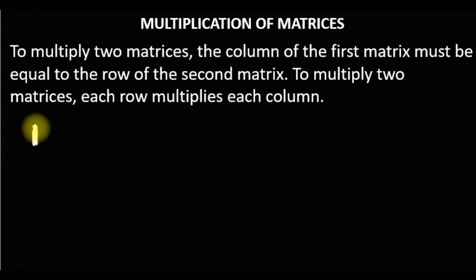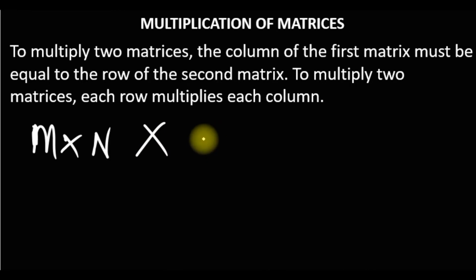But first, assuming you are given an M by N matrix to multiply by maybe any other matrix, for the multiplication to be possible, the column here must be the same as the row here. So this makes it possible for us to multiply. So this is possible.